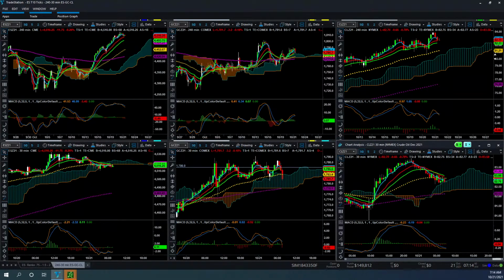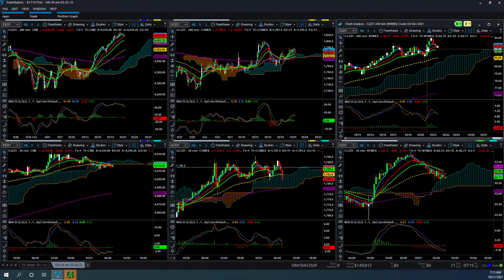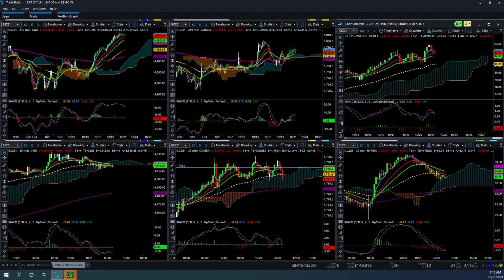Crude in the 240 minutes looks a little bit bearish, moving down. Again, it's against the trend, right? Crude is moving up, but now it's trying to move to the downside. We'll see if it does it.